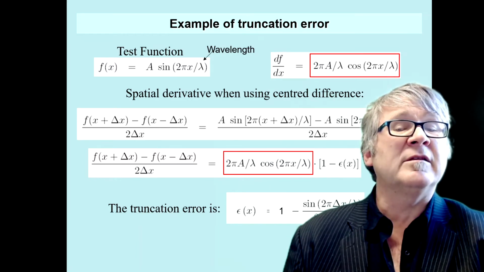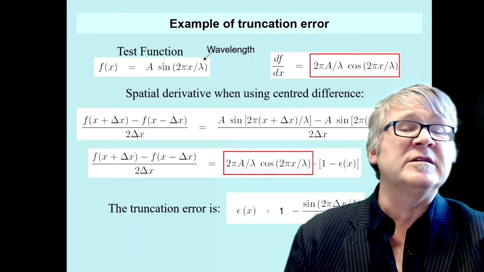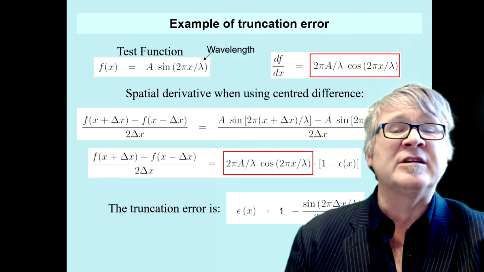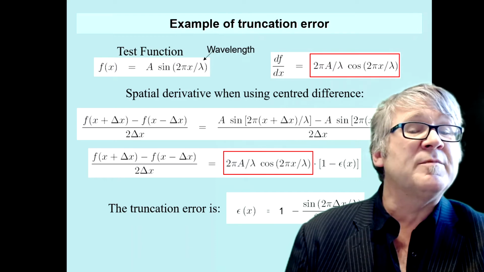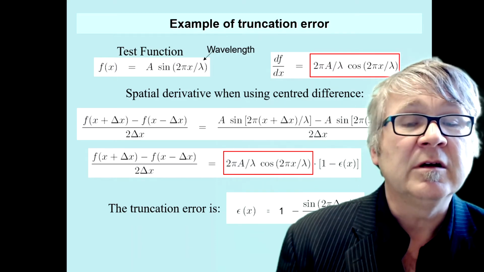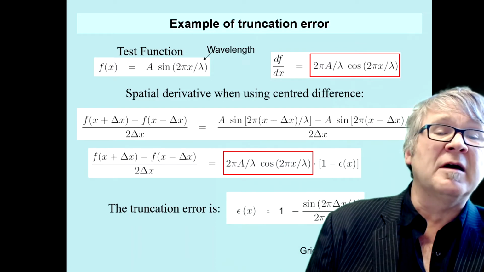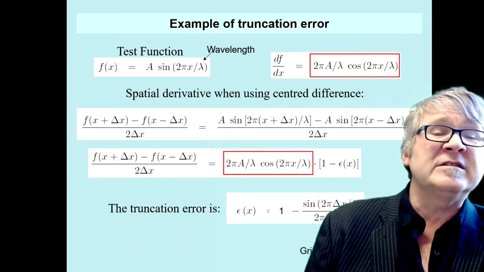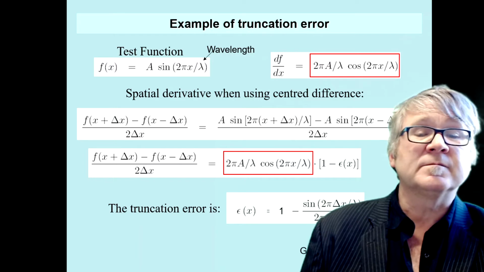Functional value at location x plus delta x, minus functional value at location x minus delta x, divided by 2 delta x. And then you plug in the function. This is what you do here. You plug in the test function and just write it down.